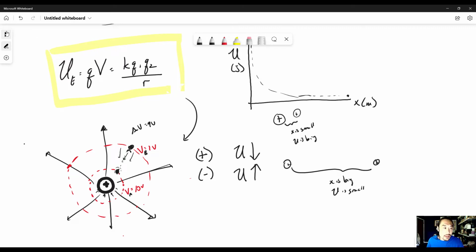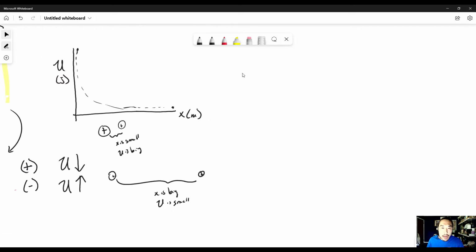It's an inverse effect. Now, the opposite is true if we were to have, let me go like that, potential versus x, if we have a positive and a negative charge, like so. So this would be positive and negative.